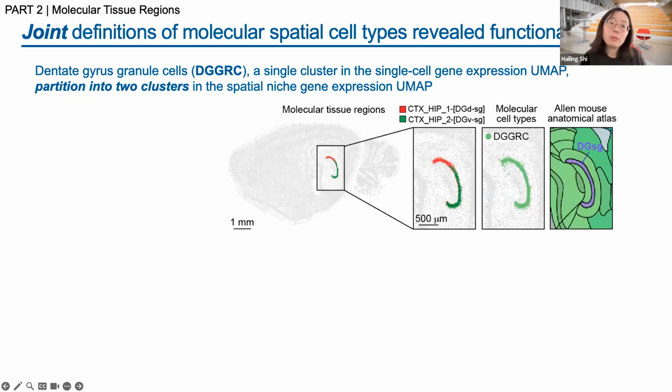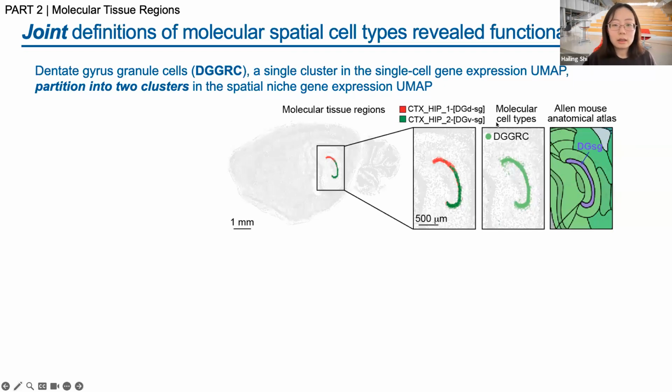A final example about the molecular tissue region is this example from the dentate gyrus granule cells. So we found that a joint single cell and spatial definition of the cell type can resolve cell type heterogeneity better than the single cell gene expression itself.